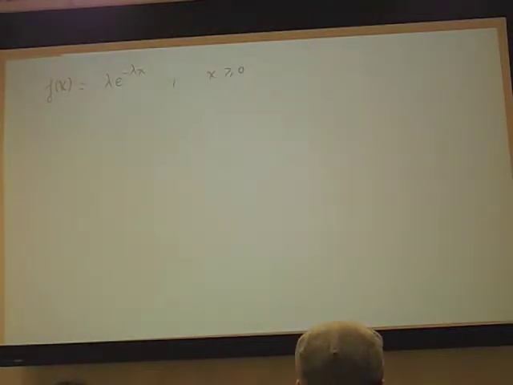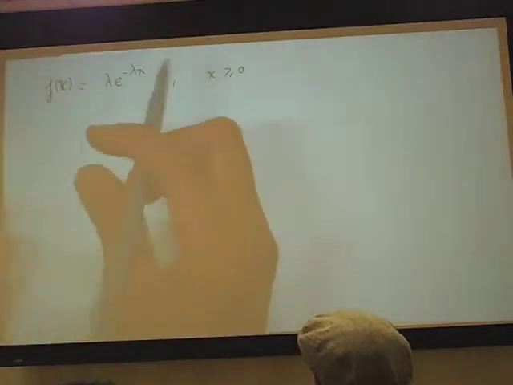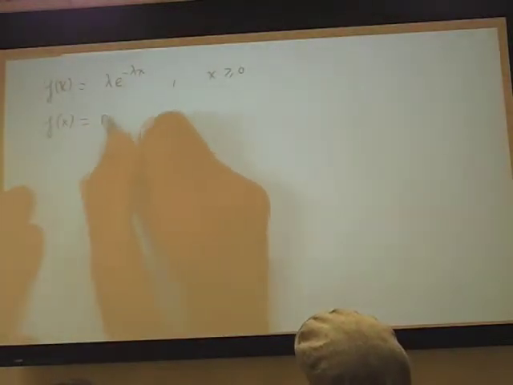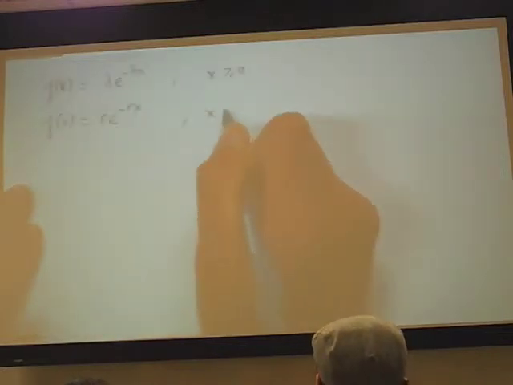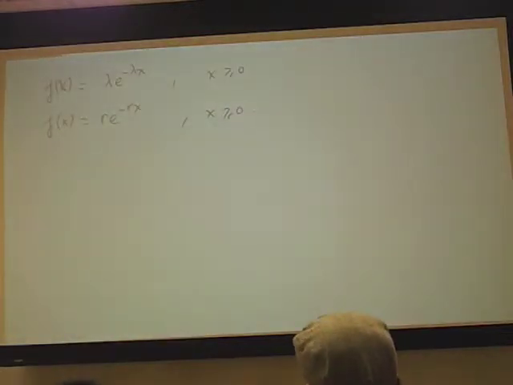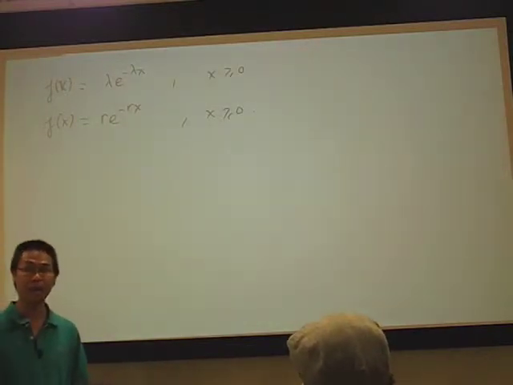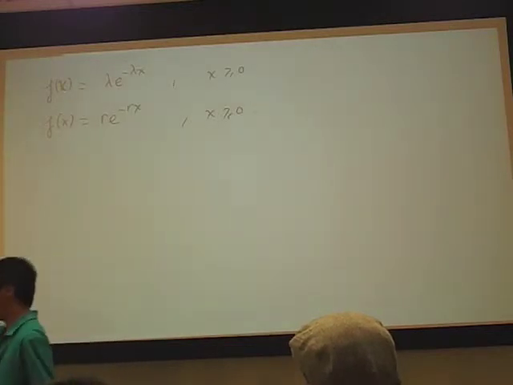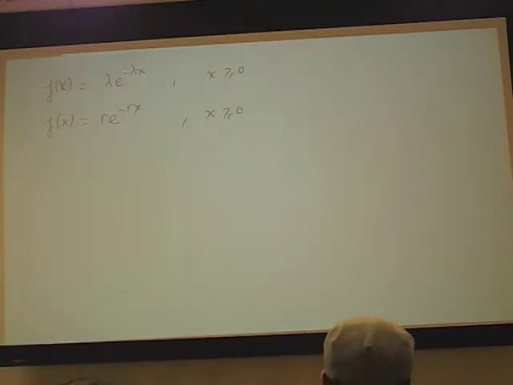By the way, if I say f is an exponential distribution with parameter r, what does that mean? It means f of x is going to be r times e to the minus rx, where x is bigger than or equal to 0. When they say parameter, that's what I mean. If it is lambda, then it's with parameter lambda. And if they say with parameter r, that means lambda is replaced by r. That's all it is. Alright?